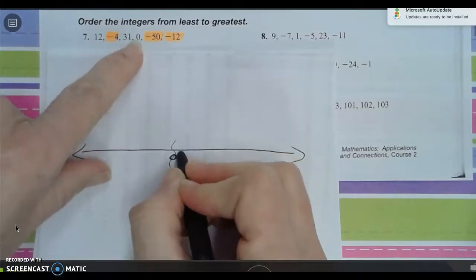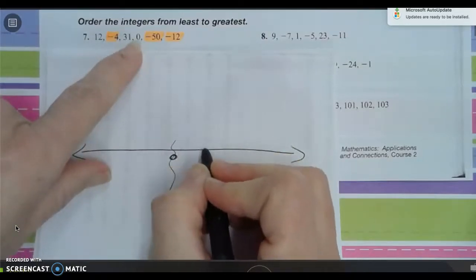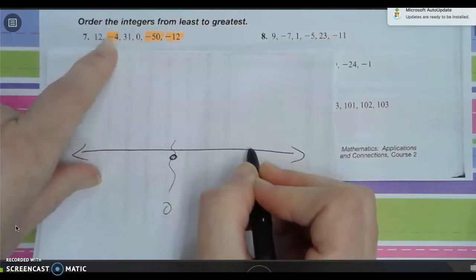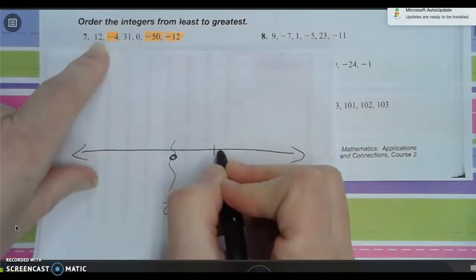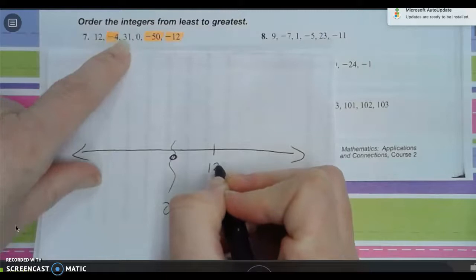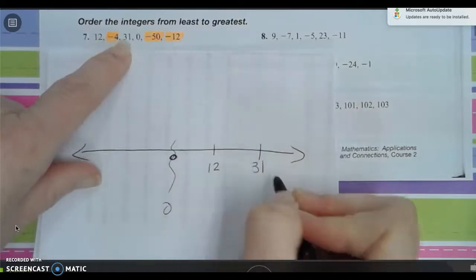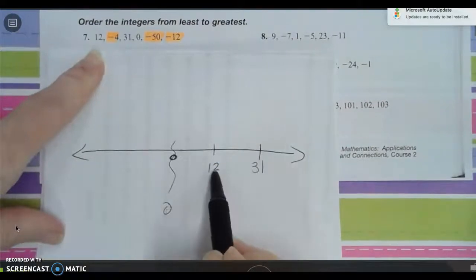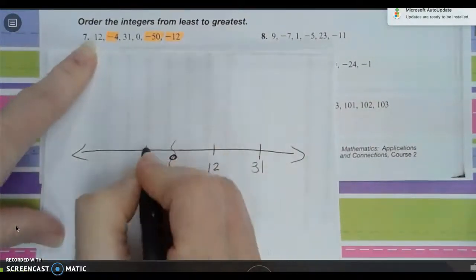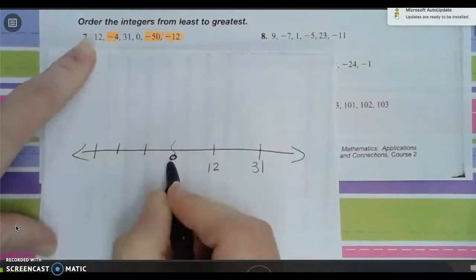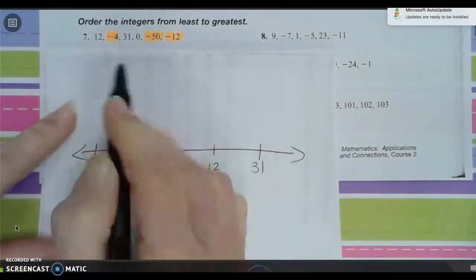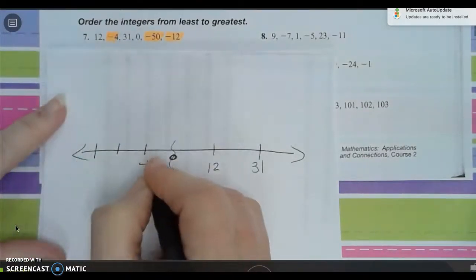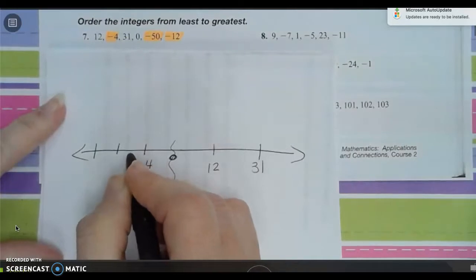So then we know on the number line we would have 1, 2, 3, 4, 5, 6, 7. So we would come to 12 first, and then we would come to the 31. So if we're looking at just the positive numbers, we would have 0, 12, and then 31. Now if we look at our negative numbers, closest to 0, we would find negative 4, and then we would have negative 5, negative 6, negative 7, negative 8.